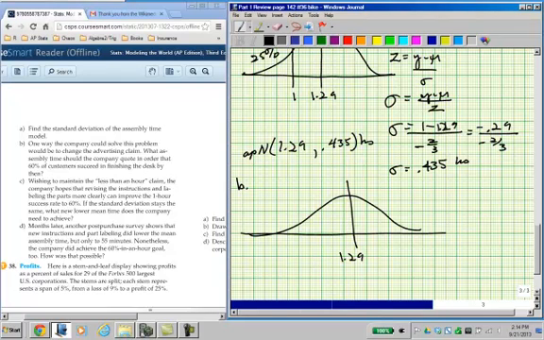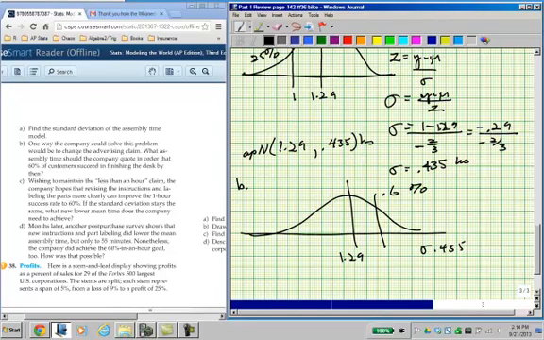So we've got 1.29 here. Sigma equals 0.435. We want to know about the 0.6 percentile, and so we want to know the z-score that goes with that.